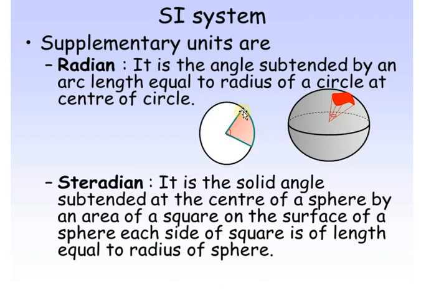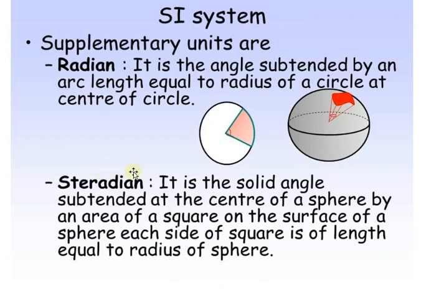This arc has a length equal to the radius of a circle, at the center of the circle. So the angle is over here at the center. This angle is said to be 1 radian if the arc length is equal to 1 radius of a circle.